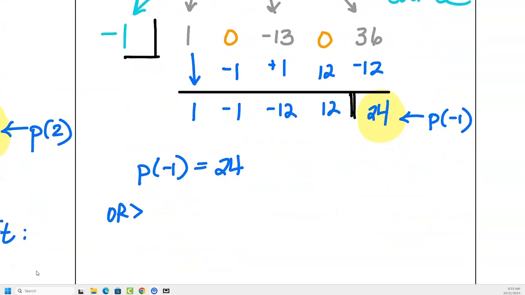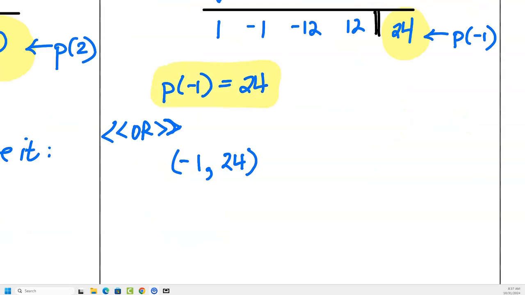Okay, or we can write that as negative 1, comma, 24.